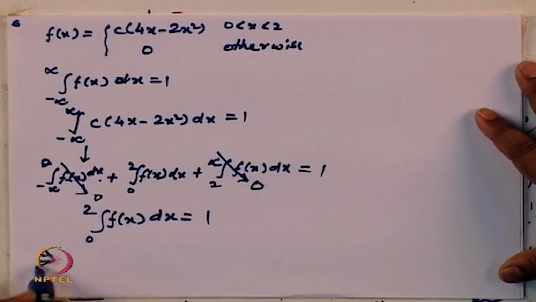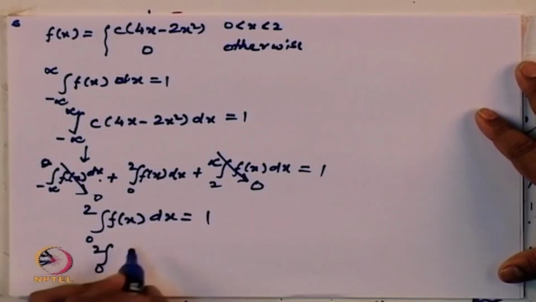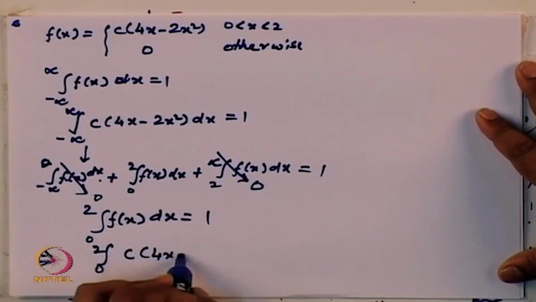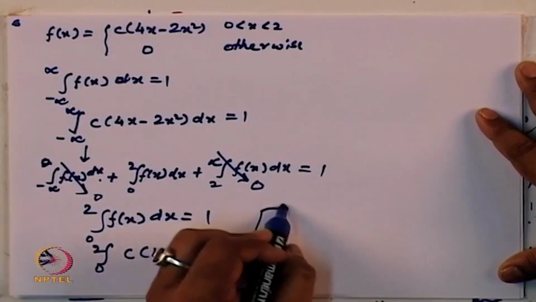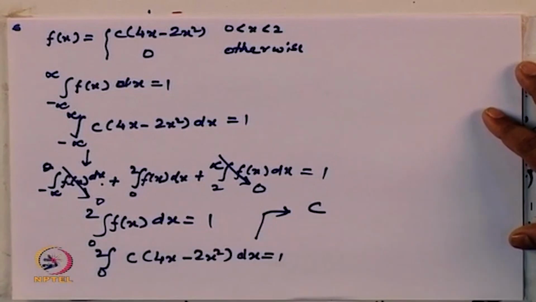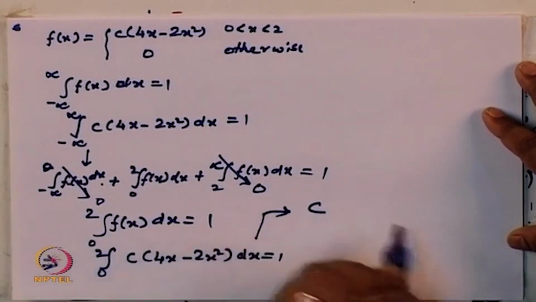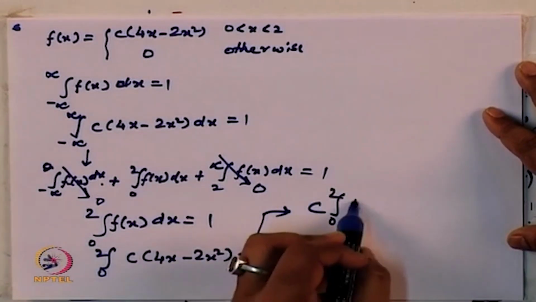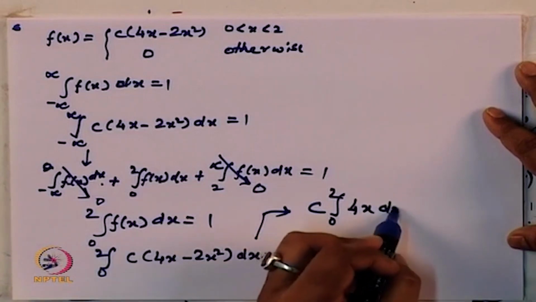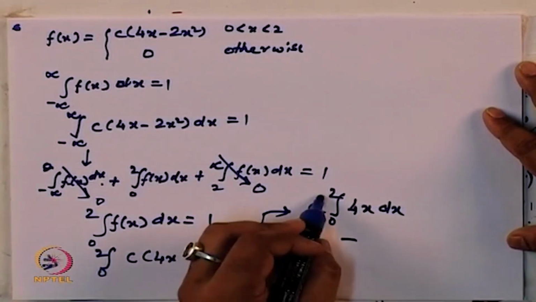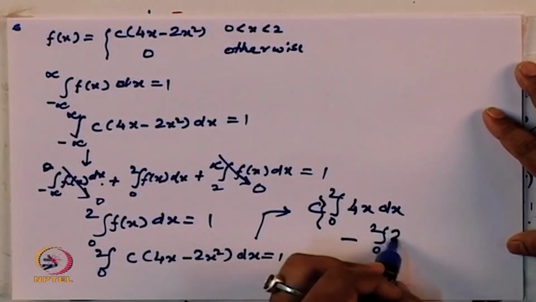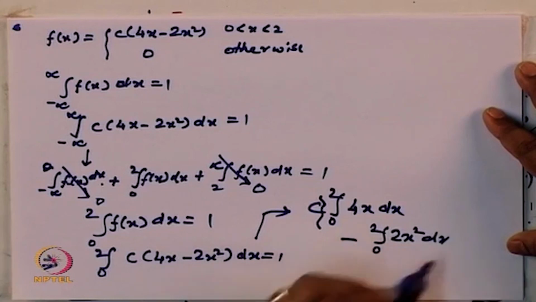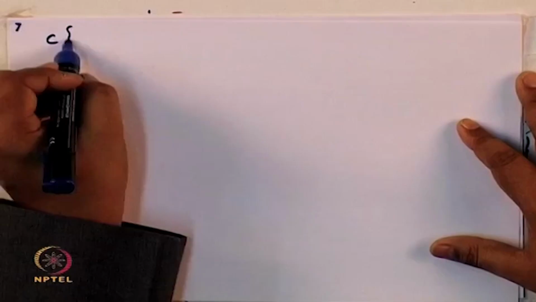Okay. I can plug in the value: the integral from 0 to 2 of c into 4x minus 2x square dx equal to 1. So, this takes me to, I can take out the constant c. This is the integral from 0 to 2 of 4x dx minus the integral from 0 to 2 of 2x square dx equal to 1.